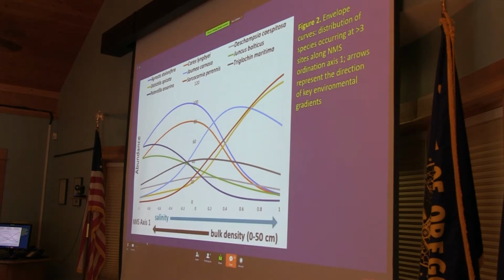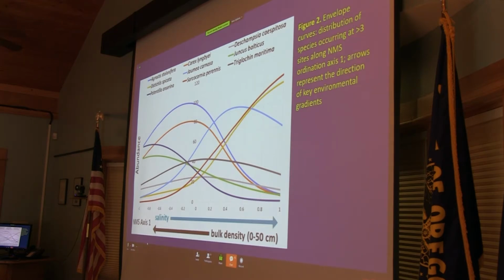But you see this beautiful gradient of species coming in and going out as salinity increases. You can see the fresher species on the top, at the highest and lowest salinity, and then a species peeking out at a little bit more saline.